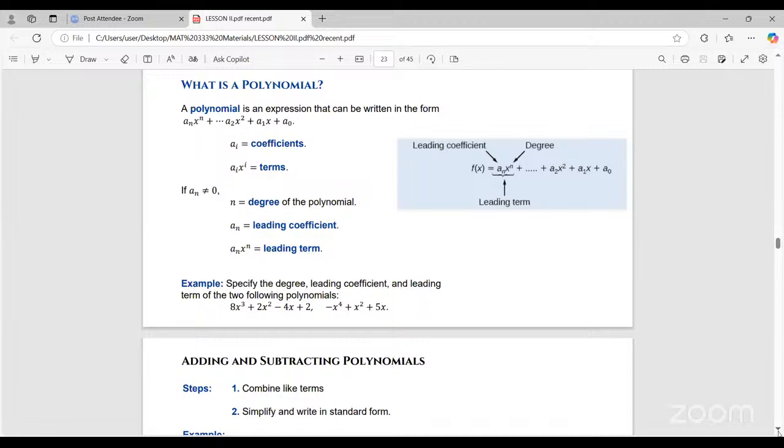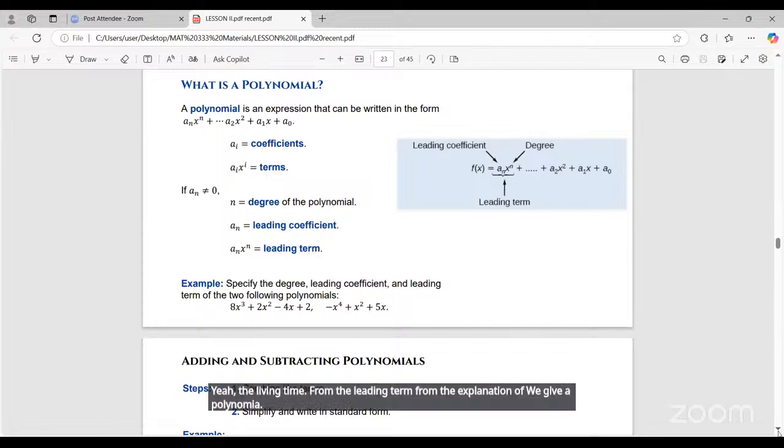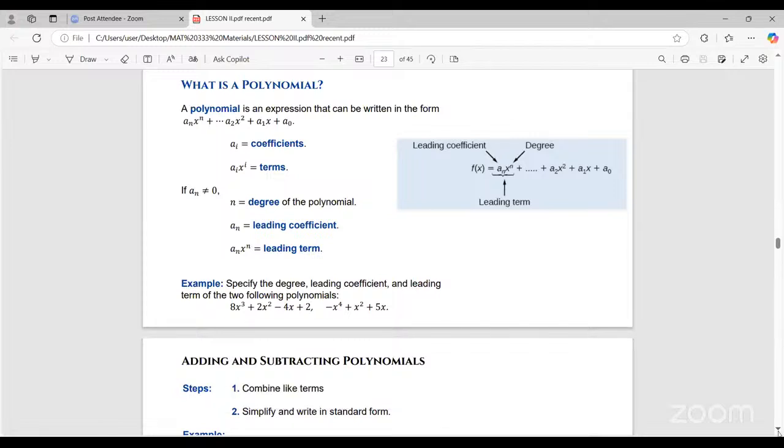The leading term, from the explanation, we gave a polynomial f of x equal to an x to the n plus up to a1 x plus a naught. We have a leading term which we defined as an x to the n.